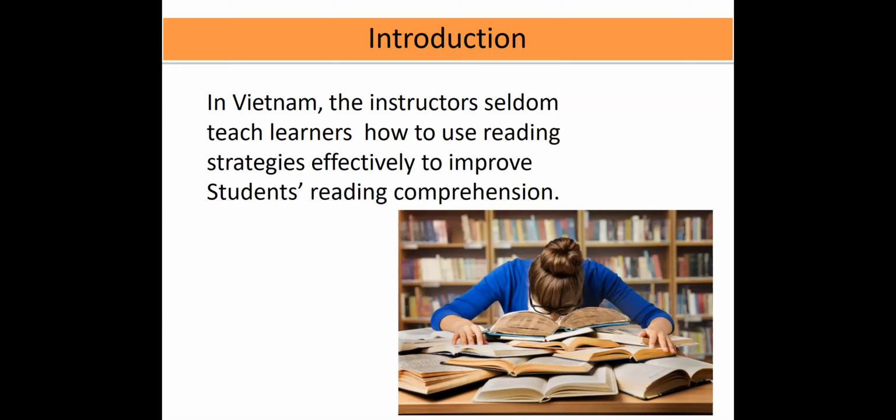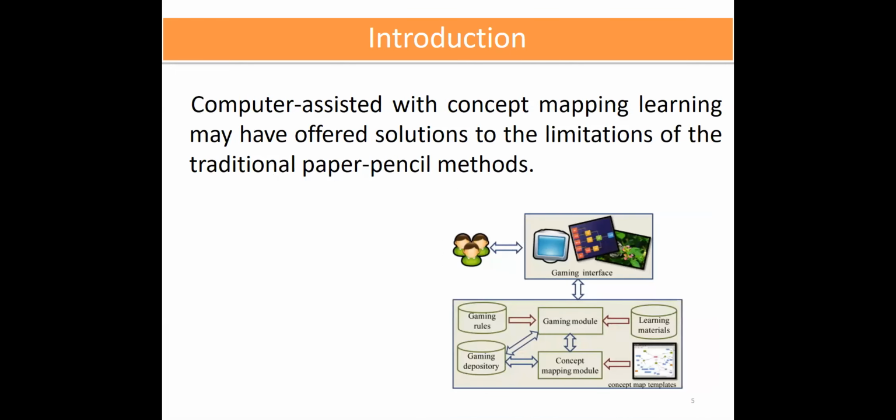So with the rapid development of technology in recent years, we don't need to use mind mapping or concept mapping with pen, paper and pencil. Now computer-assisted concept maps have offered solutions to the limitations of the traditional paper-pencil method.